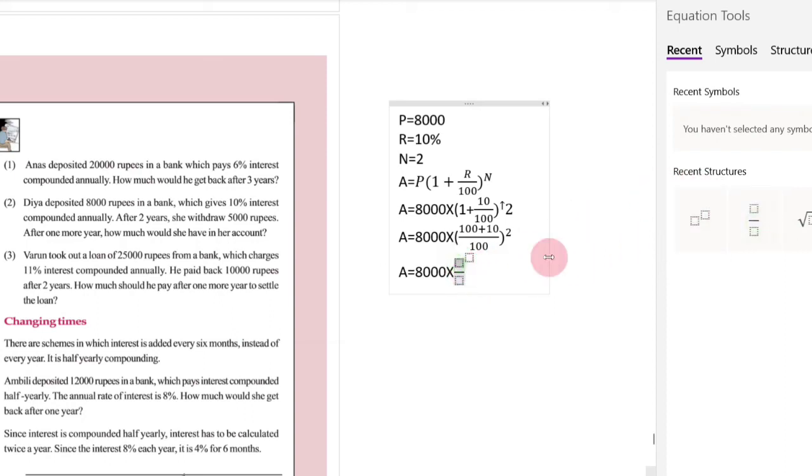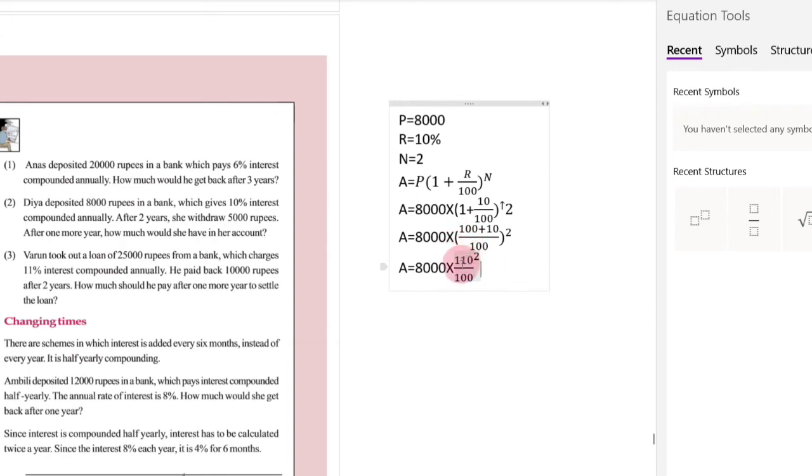Then what is 110 by 100? Here we have 2 zeros in the denominator, so move 2 places from right to left.